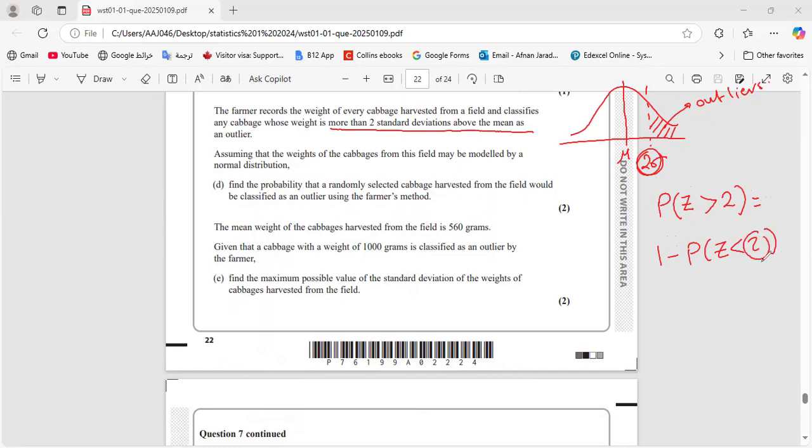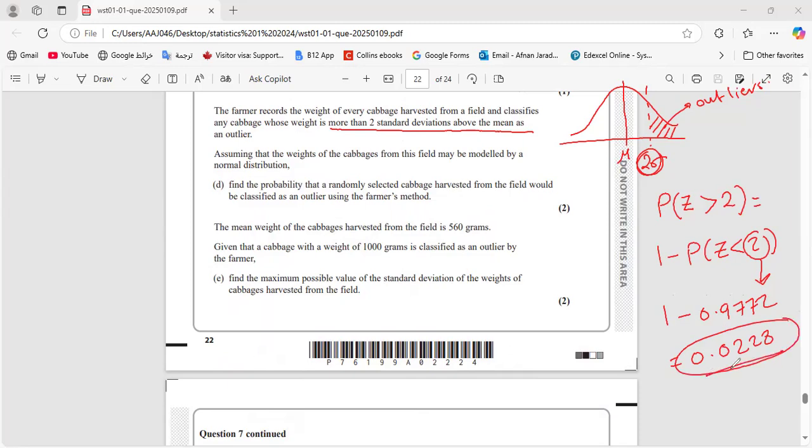So you go to the table and find, if Z equals 2, what is the area? The area will be 0.9772. So the probability of an outlier is 0.0228.